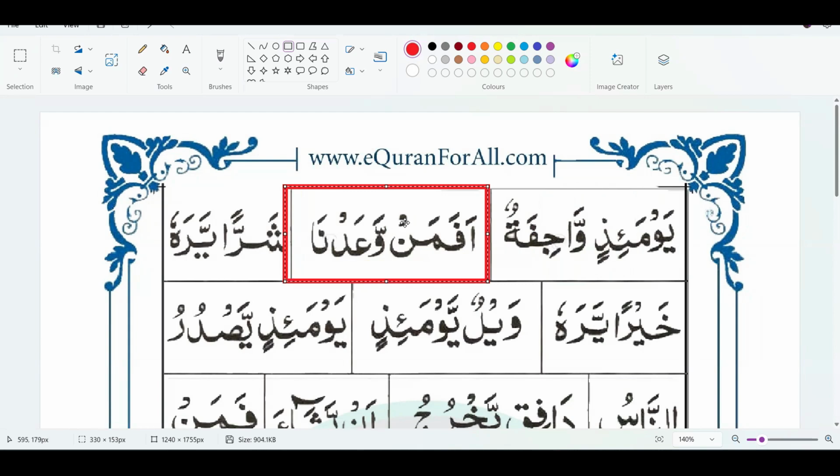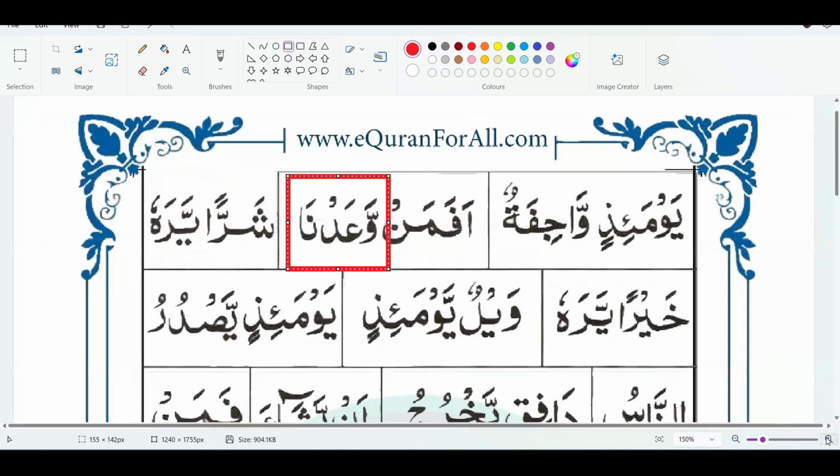See, I told you when two connecting signs come together, where the first one is sukoon and the second one is shadda, we skip the sukoon sign letter. Connect Mim with Waw.